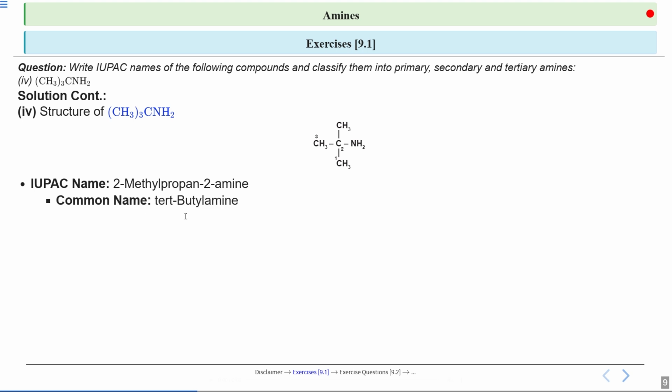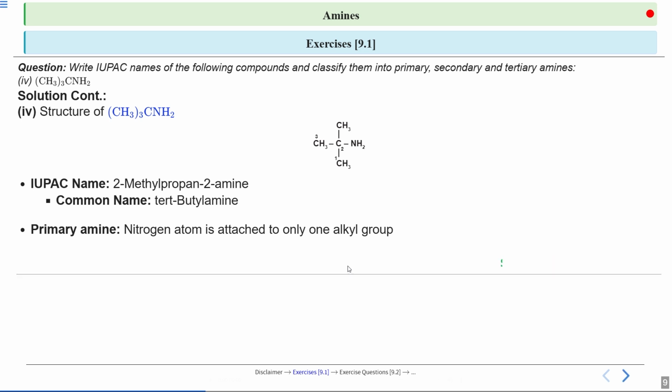And the common name will be tertiary butyl amine, because the carbon to which your NH2 group is attached is a tertiary carbon, further connected to 3 other carbons. So this will be tertiary butyl amine, and butyl because it has 1, 2, 3, 4, total 4 carbon atoms. Now this is also a primary amine because it is connected to 2 hydrogens and 1 R group.